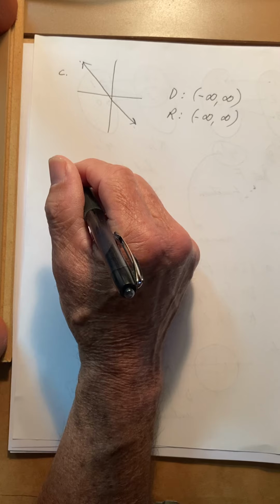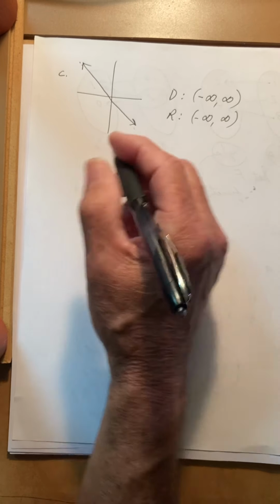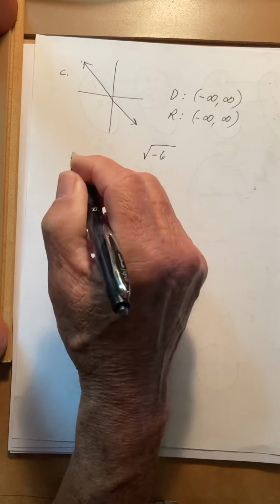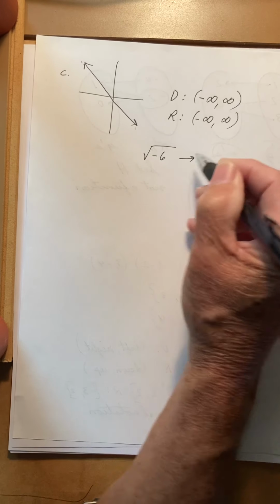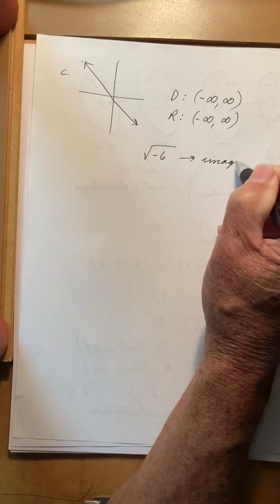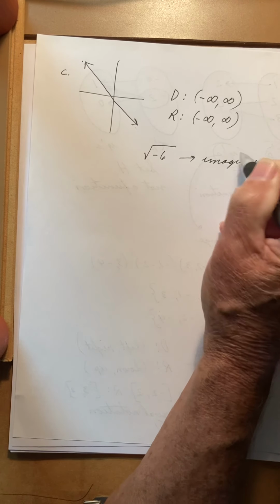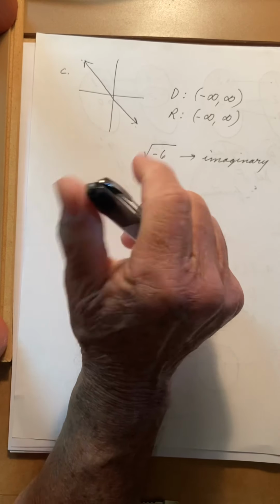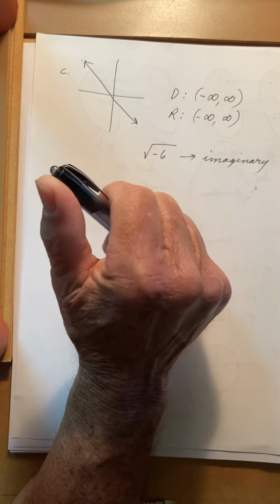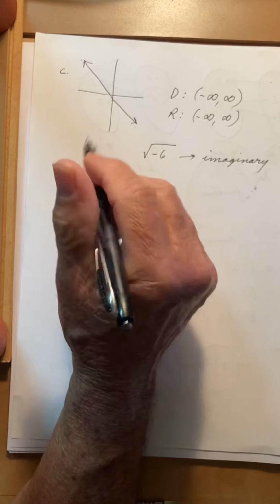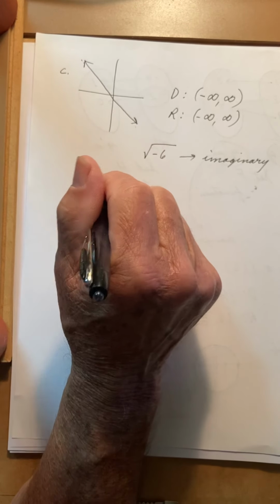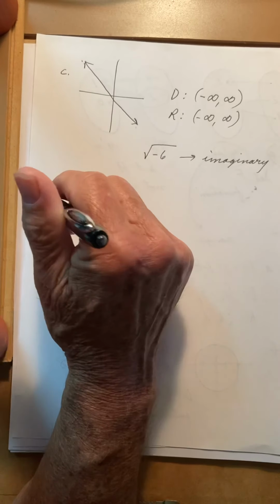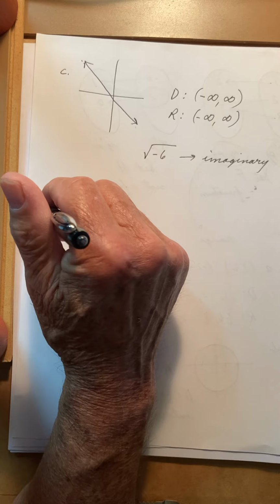And also it excludes even roots of negative numbers, such as the square root of -6. That's going to be imaginary, so therefore we do not include it in the domain, because the normal coordinate system is for real numbers only. So division by zero, an even root of a negative number, those are excluded from the domain.